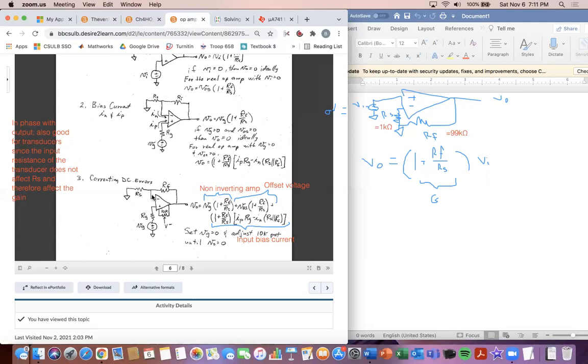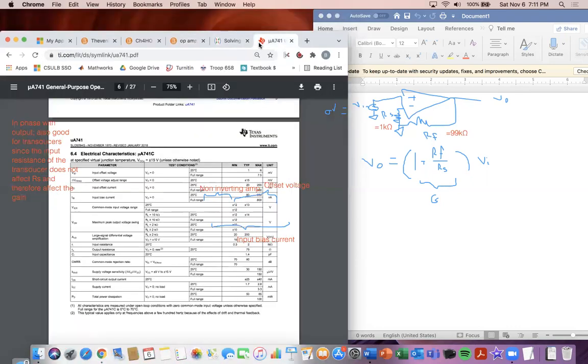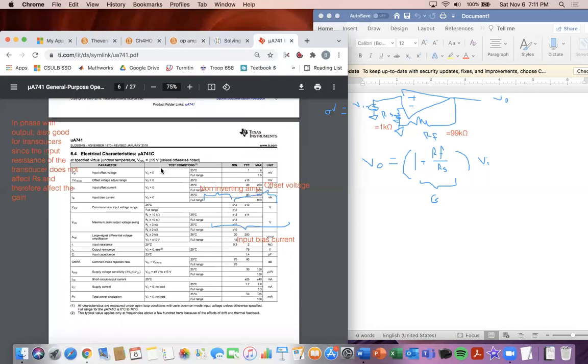And so now that we talked about that, let's look at the conditions when the op amp is between 0 to 70 degrees Celsius. Okay, here, the input offset voltage for the full range. Full range means 0 to 70 degrees Celsius down here. And so when it's between that, it's 7.5 millivolts. So right here on the right, I'm going to add those equations for input offset voltage.